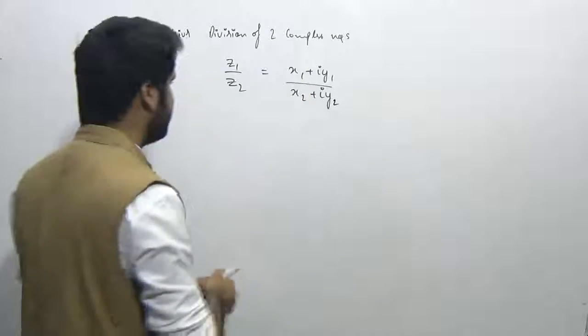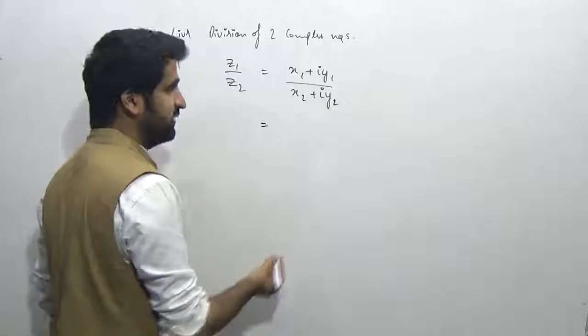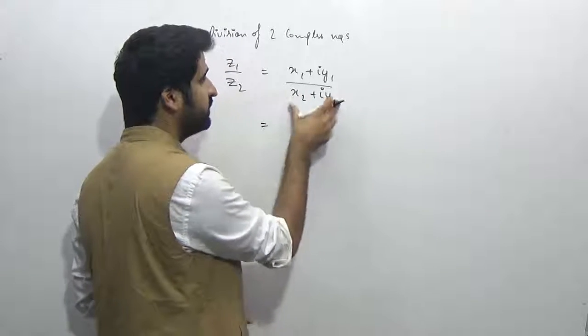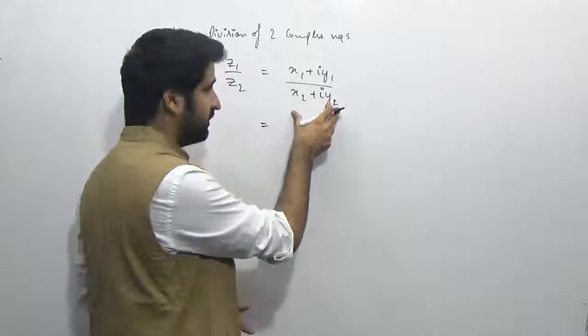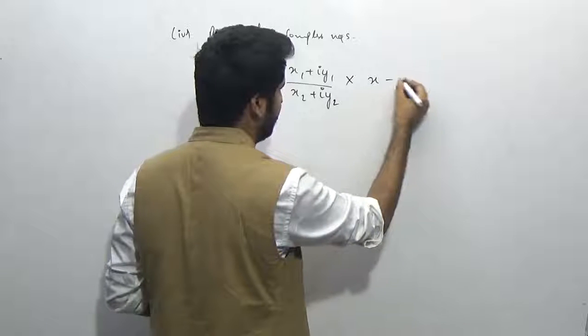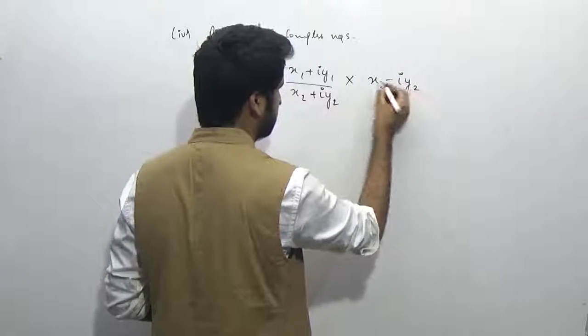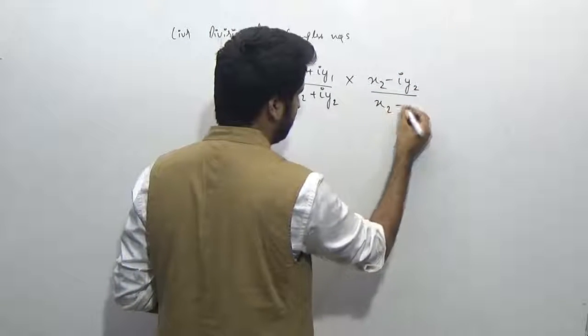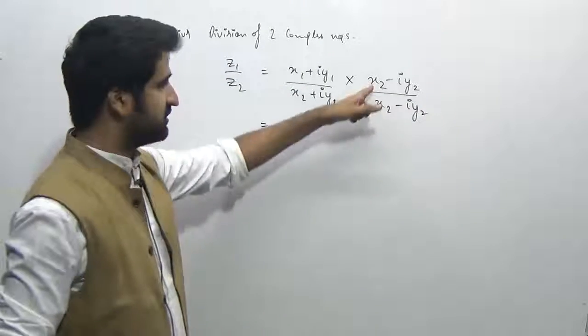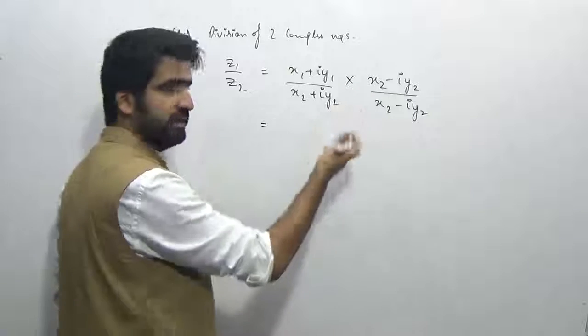So what we do when we divide two complex numbers is we start by getting rid of this imaginary part from the denominator, and we'll multiply this by x2 minus iota y2 divided by x2 minus iota y2. This will not make a difference because these things are equal and they can easily cancel off.